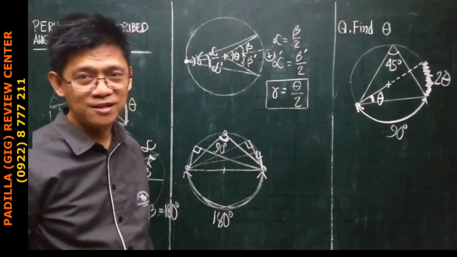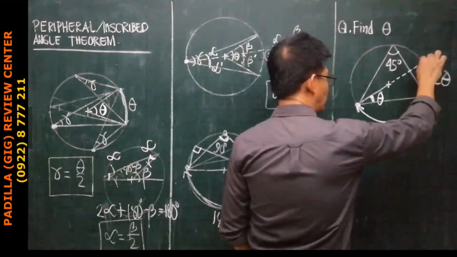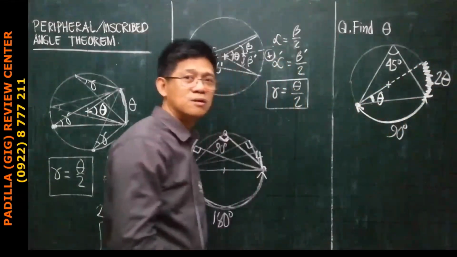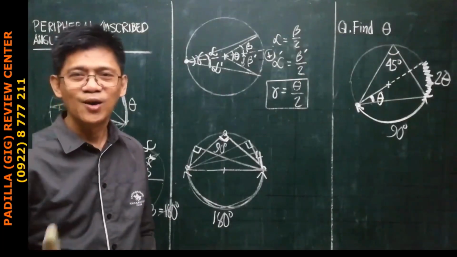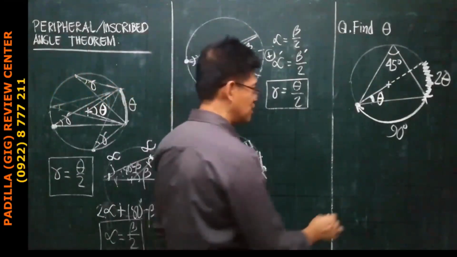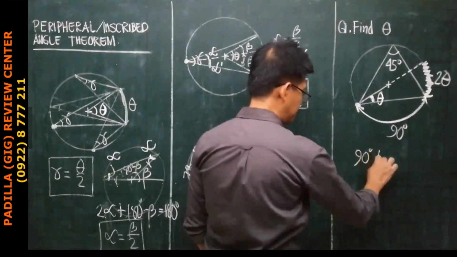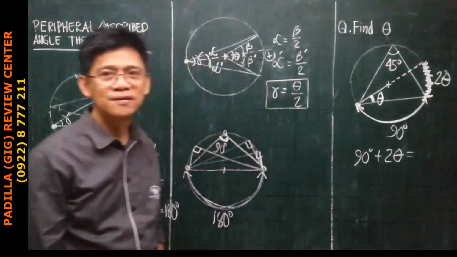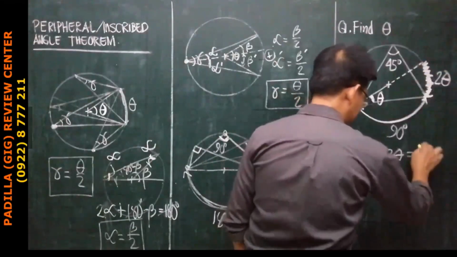We want theta, right? So here, if this is a diameter, then this is a semicircle. If that is a semicircle, how many degrees is that? Correct, 180. So this must be 90 plus 2 theta is equal to what? 180 degrees.